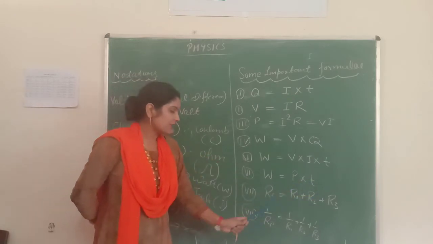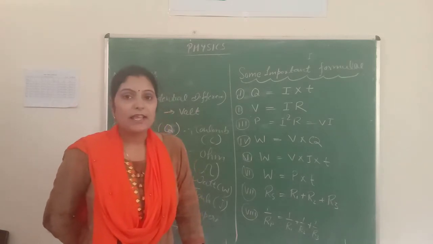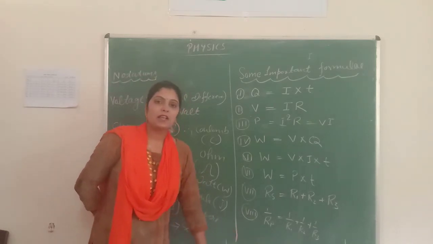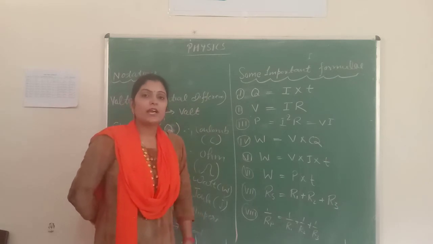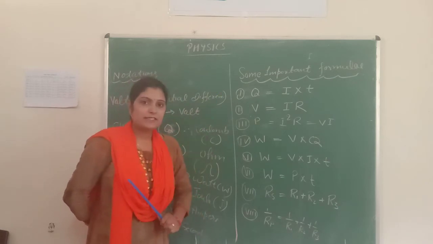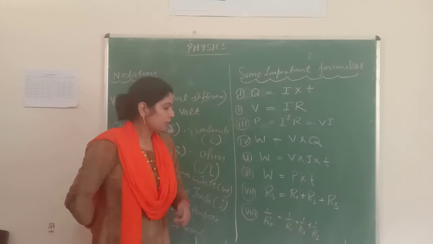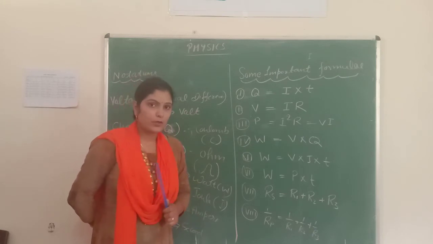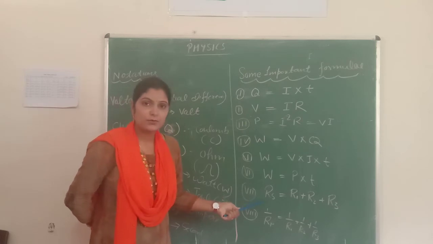Next is RS and RP. RS means the series combination and RP means the parallel combination. As you know, in our household supply there is a parallel combination. And why series combination is not preferred, I already taught you. I hope the concept is clear to you all.